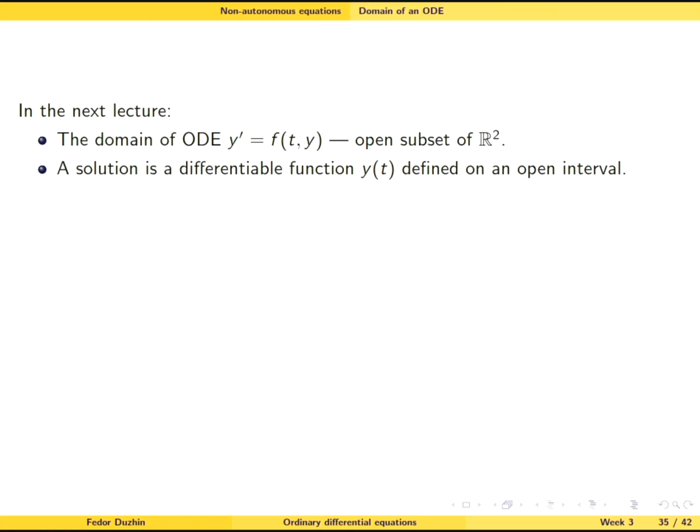And then the solution is a differentiable function defined on an open interval. That is also important. So the idea is that the differential equation models a continuous process, like something is growing or something is moving, which means that the set of all possible values of t should be an interval.